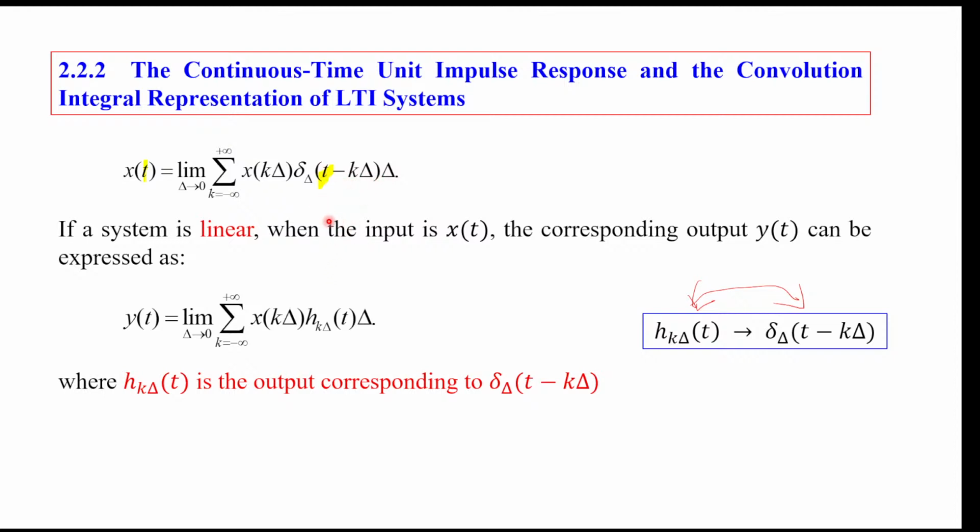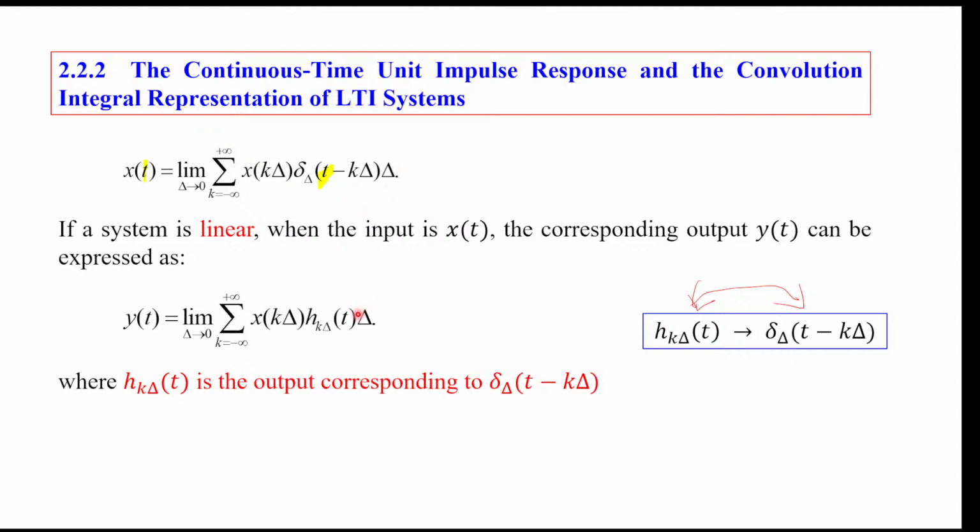And now by linearity, because it is a linear combination of those delta sub-delta signals, the output should be the same linear combination. So we have the same coefficient x of k delta, times the response to this function, h sub k delta of t, and then the same delta here.